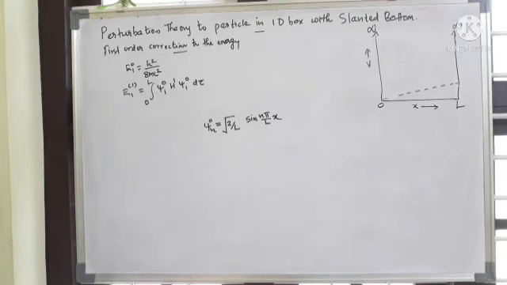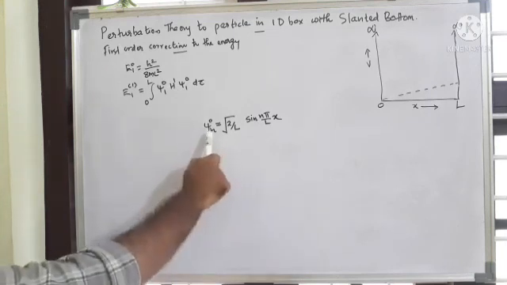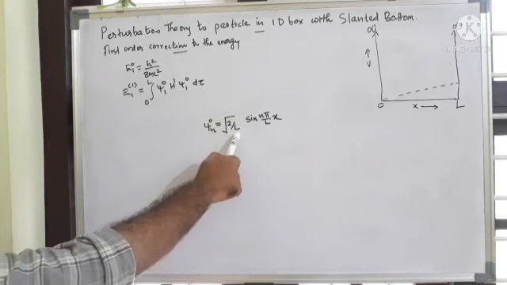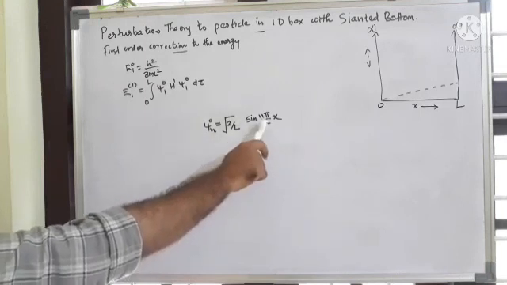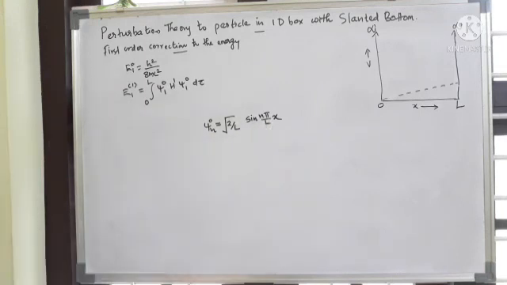We have to substitute the value of psi 1 0, which is root of 2 by L into sin pi by L x.